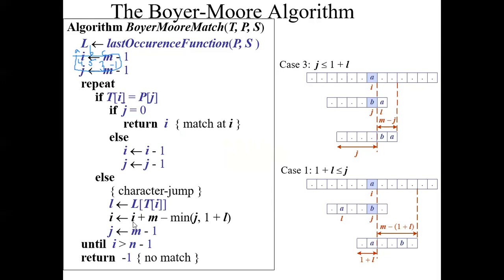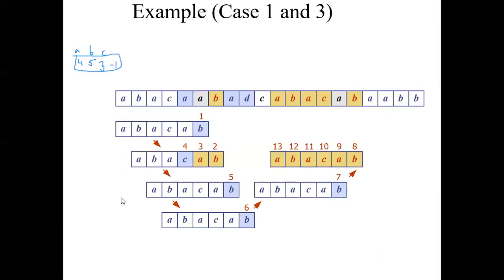I repeat, I is 0, m is 6, j is 0, l is 4. 0 plus 6 is 6. So my next value of I is 6, right? 0, 1, 2, 3, 4, 5, 6. Right? People?